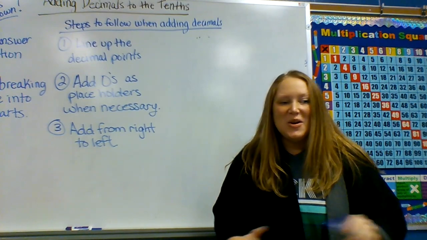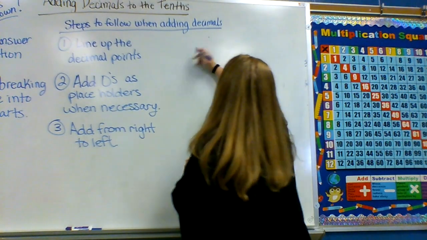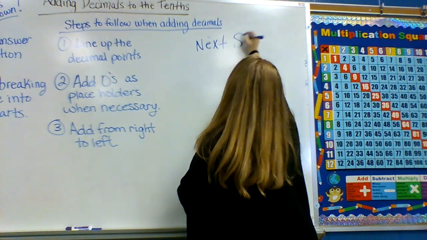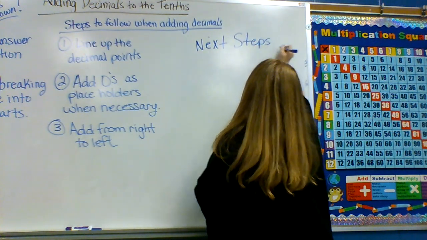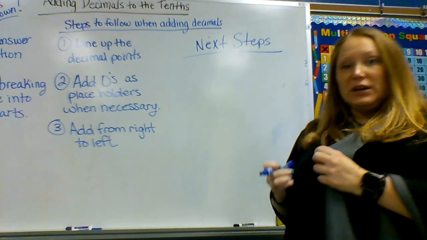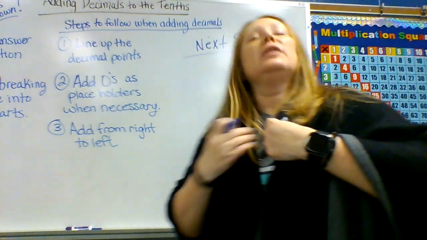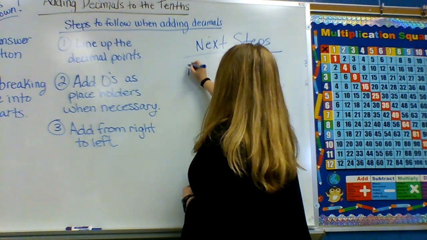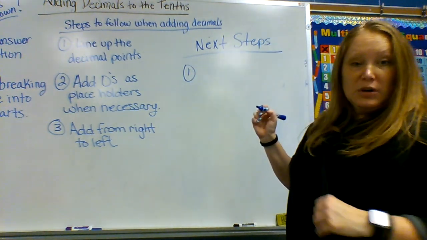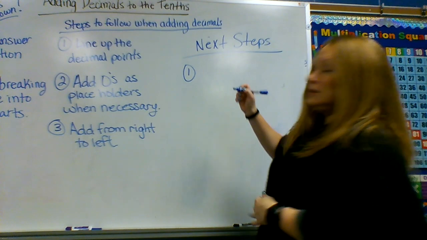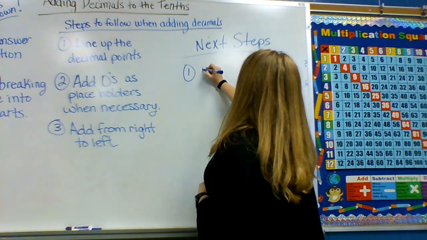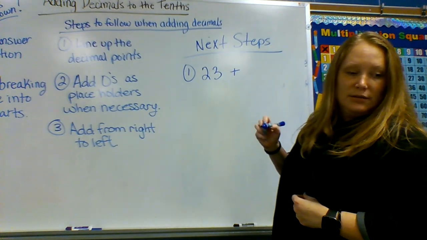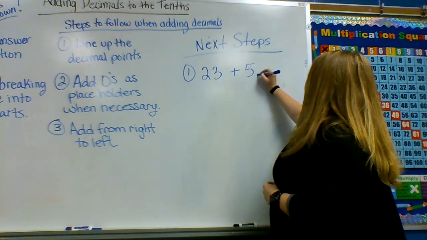And now you are going to do your next steps. These are what you're going to be doing on your own, the problems you're going to do. The first problem, go ahead and write this in your notebook, and you are also going to be getting this on your Echo assignment. 23 plus 5 4/10.